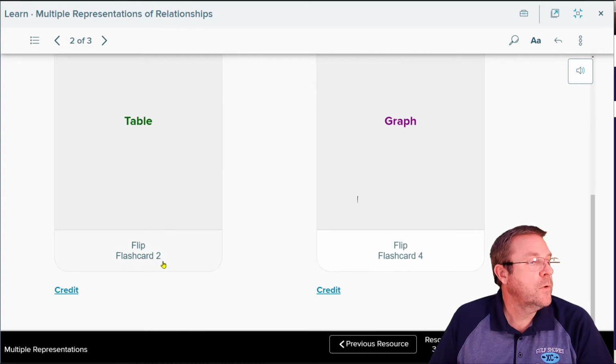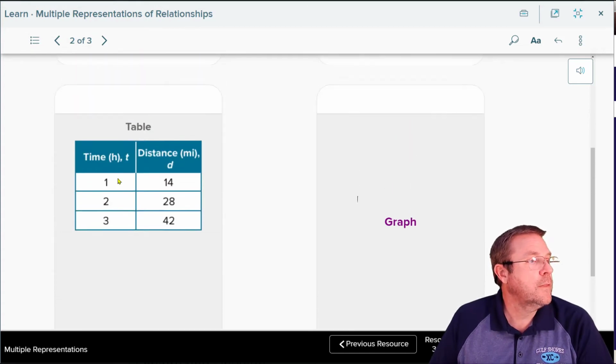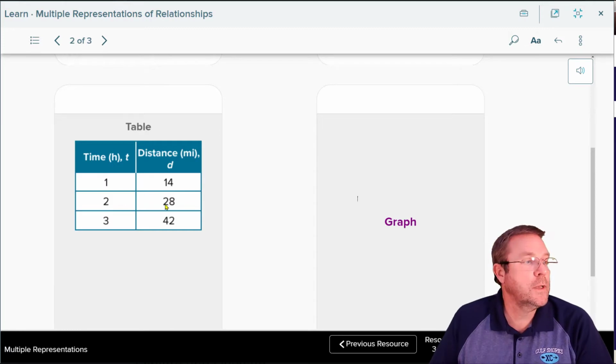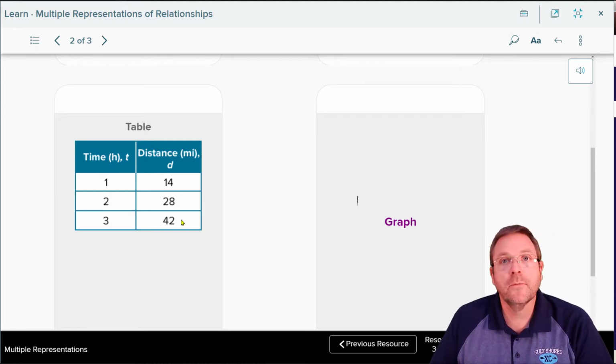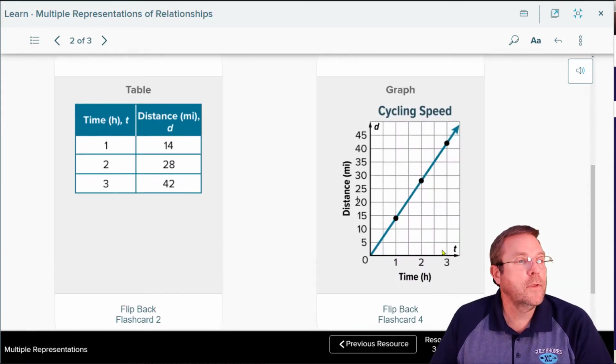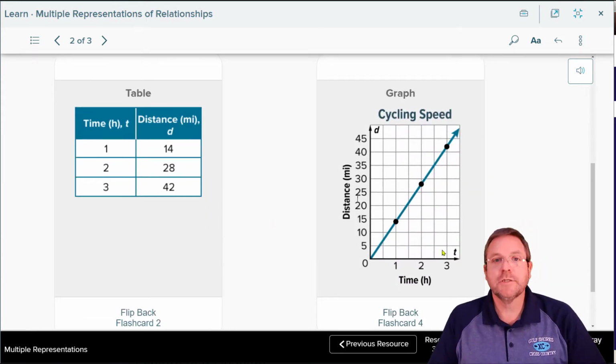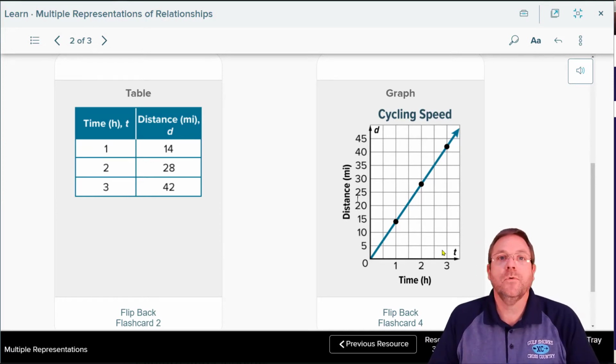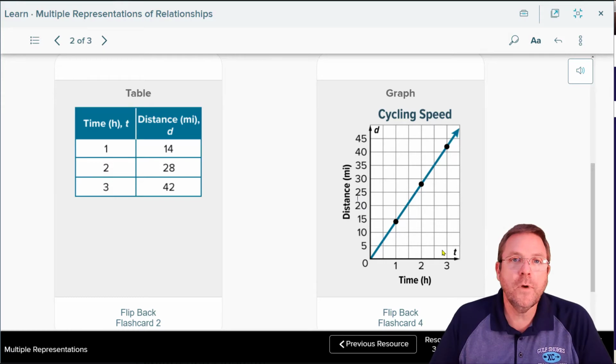With a table, we could represent it saying that 1 hour took him 14 miles, 2 hours, 28 miles, 3 hours, 42 miles, and so on. And then on a graph, well, the graph is going to end up looking just like that, a great visual representation of the data that we're looking at here. 4 different ways we can show the same information.